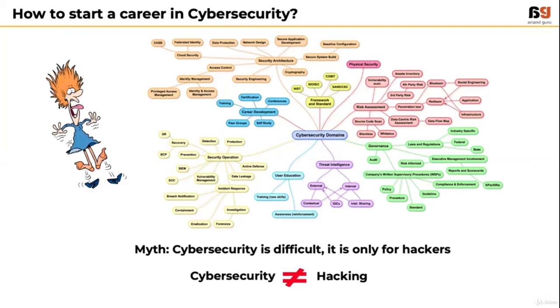It is like all these segments of these trees here. You'll find everybody teaching different domains. So it is enough to make someone wary and scared of what they are doing. And of course, cybersecurity is not hacking. Hacking is involved in cybersecurity, but cybersecurity is not hacking.